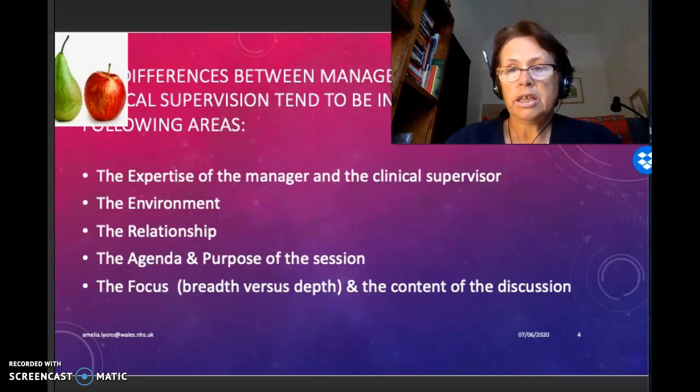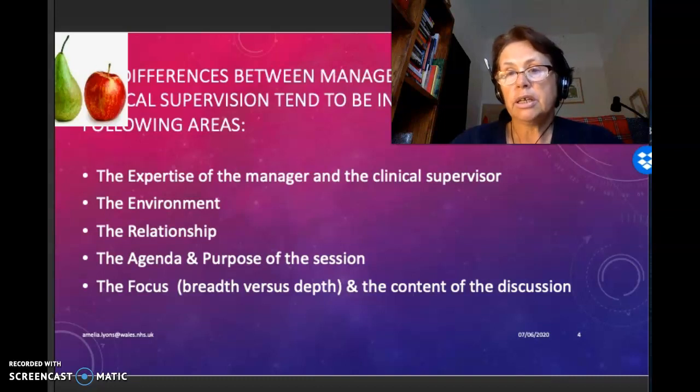A bit like taking a soil sample, you're going right down in depth into the soil, and you're really looking at the issues and what's happened perhaps with a particular patient, what's going on in that relationship, what are you learning from it, where do you really feel stuck, those kinds of areas. And the environment is to an agreed confidentiality contract. It's uninterrupted, and it's all about stopping and pausing.